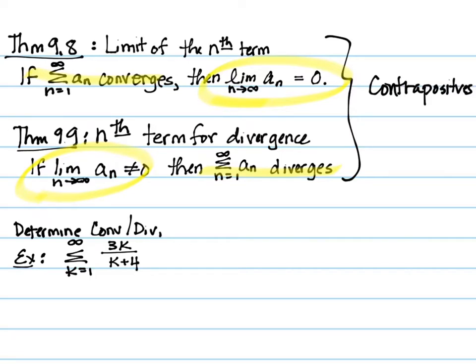And we're going to be basing that on what's happening inside of the summation, specifically to the series. And it's the limit. What I want to know is the limit as k goes to infinity of 3k over k plus 4. Well, we spent a whole section, 9.1, talking about limits of sequences. That's what this is. How did we deal with 3k over k plus 4, finding its limits?